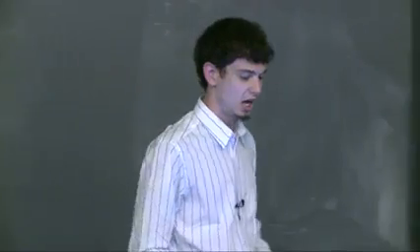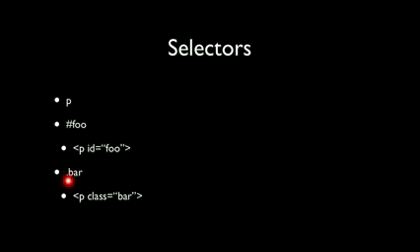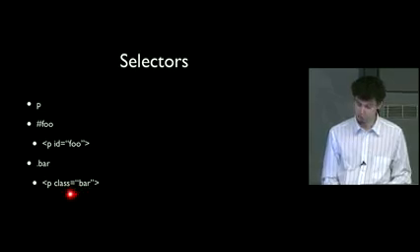So finally, the middle ground between these two things is this selector here. It's kind of hard to see, but we have a dot, or a period, followed by the word bar. And so where hashtag foo got the element with the ID foo, which there should only be one of, this dot bar is going to get every element that has this attribute class equal to bar.